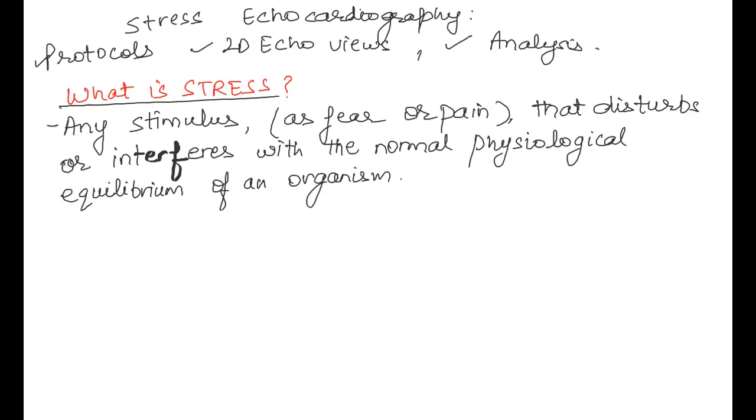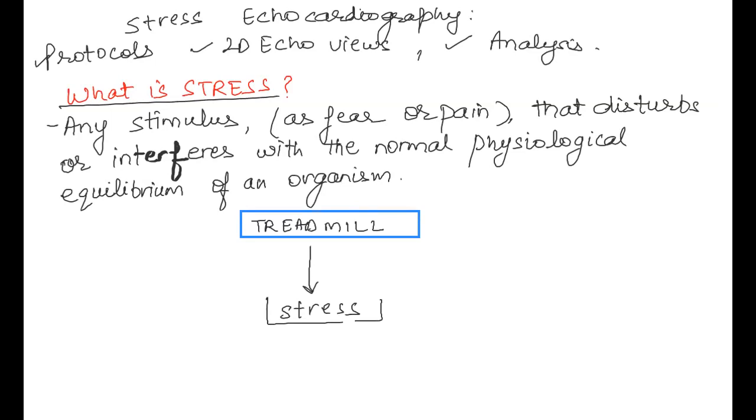When a person runs on a treadmill, stress occurs, and it can lead to a perfusion defect, meaning the person's heart will not be able to handle it, and it will show a perfusion defect and also changes in ECG.